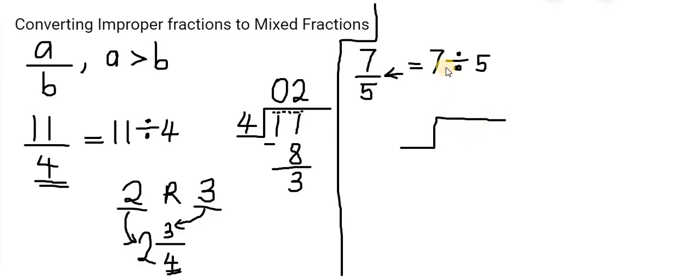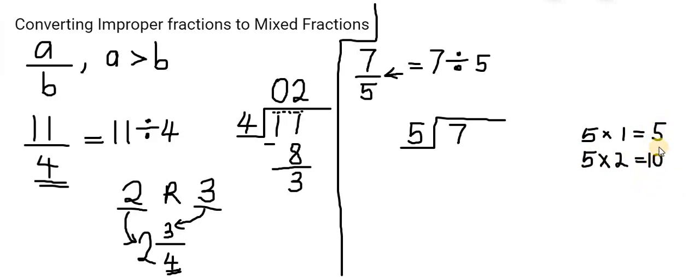Now, the 7 goes on the inside, the 5 goes on the outside. Now, how many 5s in 7? Now, I'm just going to create the 5 times table. 5 times 1, 5. 5 times 2 is 10. So, we're looking for number 7 in here.